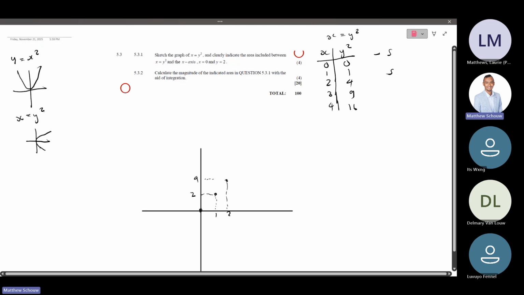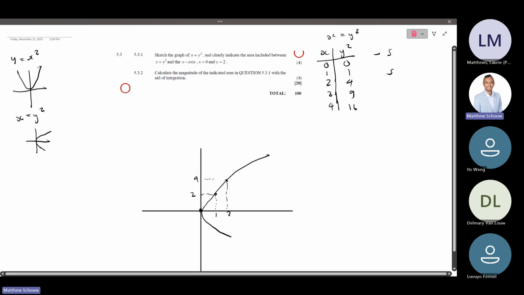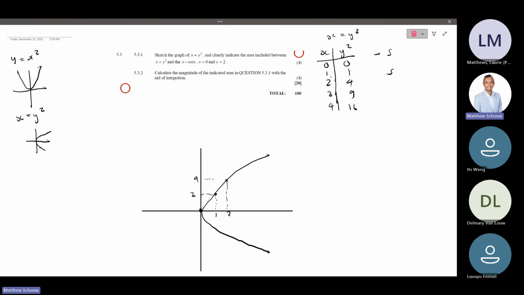Then, long story short, you should get a graph going like that. It's a parabola by virtue of being squared. Assuming you put the other values in, like -3, -4, it should give you these values over here as well. I hope that's clear to everyone.